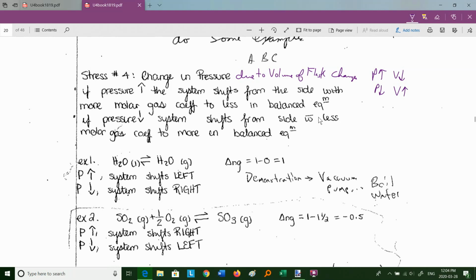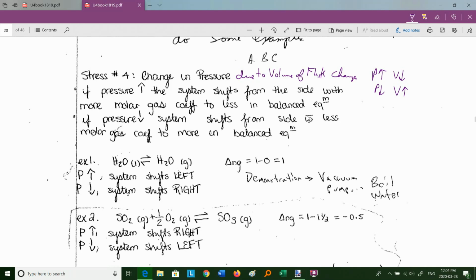If the pressure increases by decreasing the volume, so you're packing all the reactants and products into a smaller container, the system shifts from the side with the more molar gas coefficients to the side with the less molar gas coefficients, because the more gas there is, the more pressure is going to be exerted. So Le Chatelier goes, whoa, I don't like that pressure is increasing. I want to counteract that increase in pressure. So I'm going to go to the side where there's less gases possible.